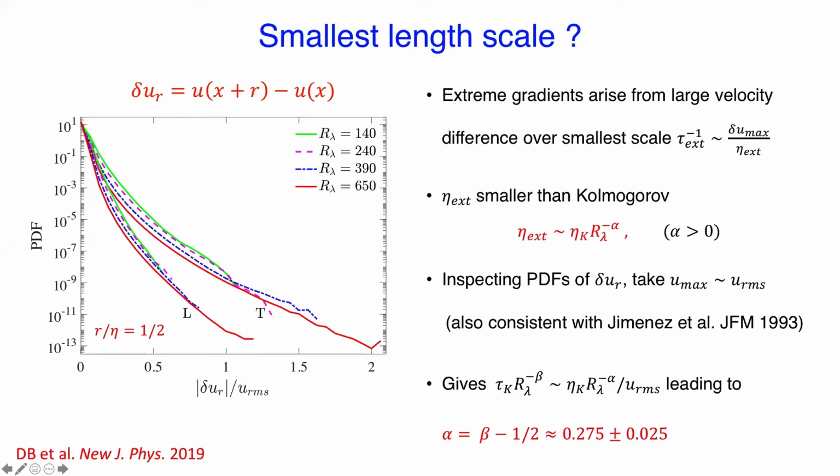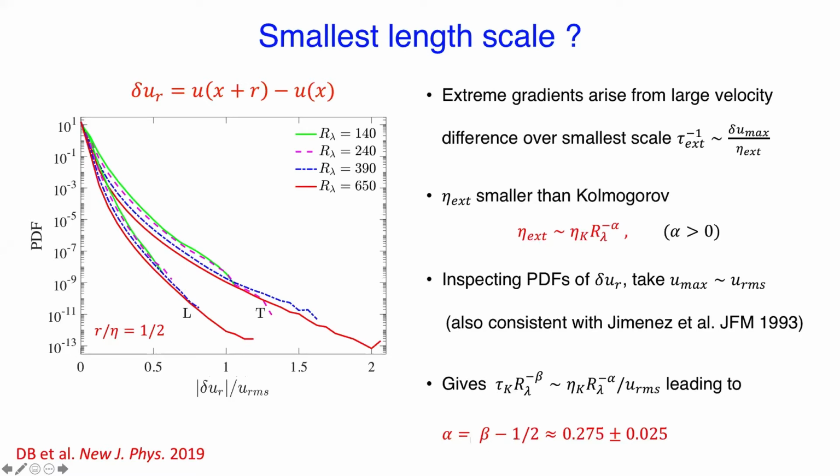So substituting Umax to be URMS and tau x to be tau k times R lambda to the power minus beta, and eta x to be this, we get that the exponent alpha for the length scale is nothing but beta for the time scale minus a factor of half.